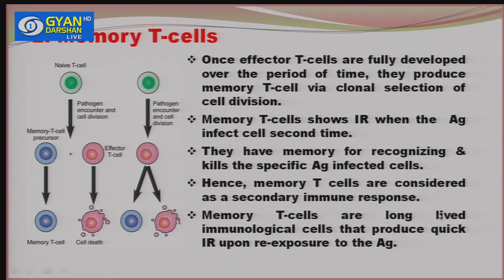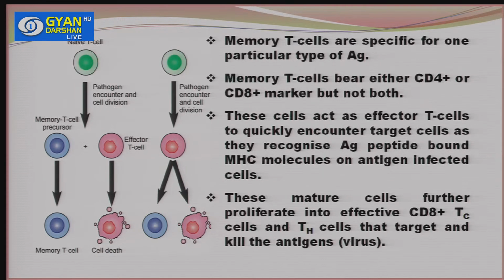Memory cells are long-lived immunological cells and produce a quick immune response upon re-exposure to the antigens. Memory T cells are specific to a particular type of antigen. Memory T cells have either CD4 or CD8 marker but not both.